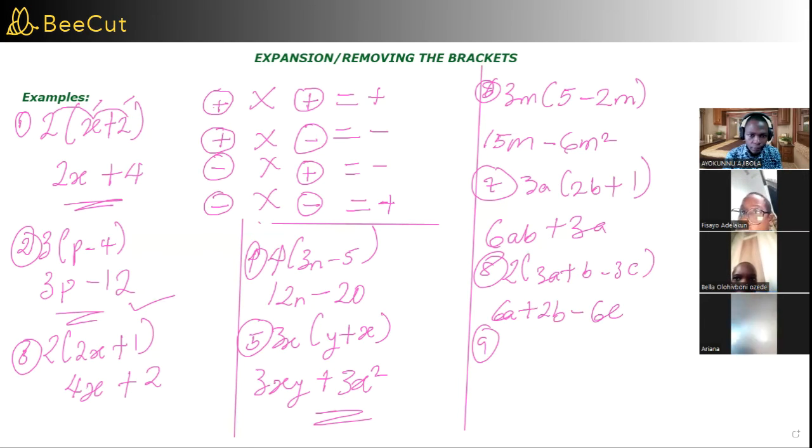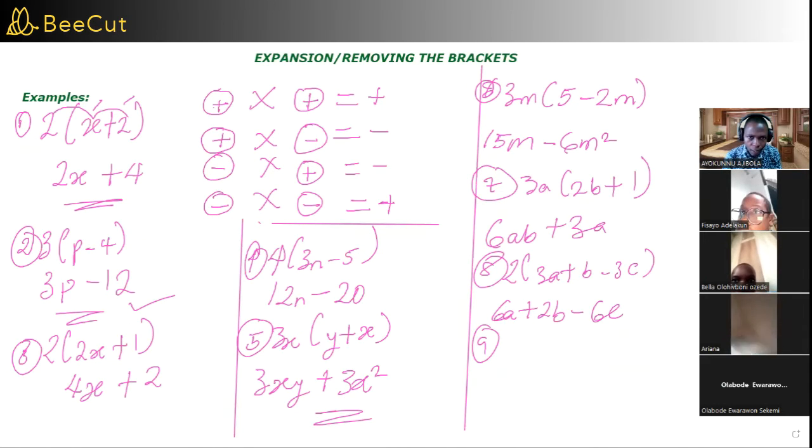I have this one, which is 3 into x plus 2 plus 2 into 2x minus 1. That's a bit long.